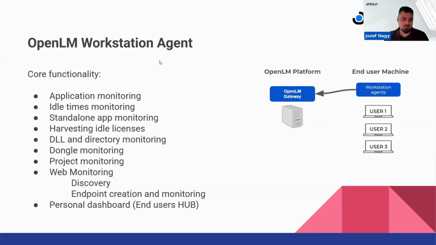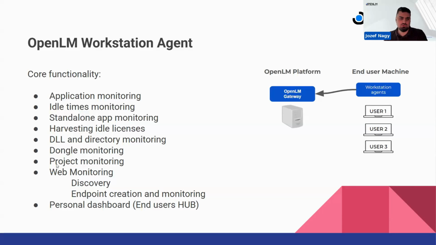So for example, you lost the dongle, you report it to the vendor as lost, so he will provide another one. But in case somebody found the dongle and puts it into the system, it can lead to a breach of contract and some fines. So in that case, you get the notification from the agent that this dongle was found, and you can act accordingly.